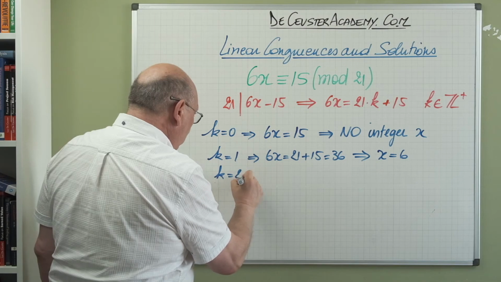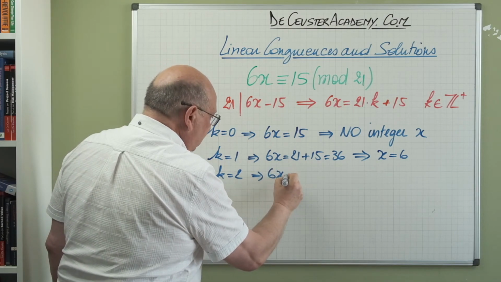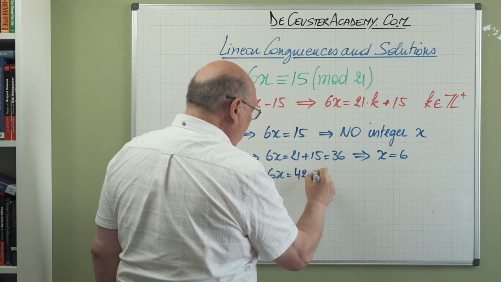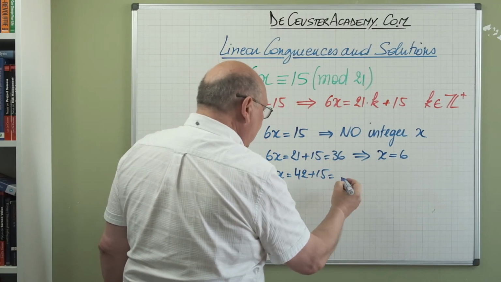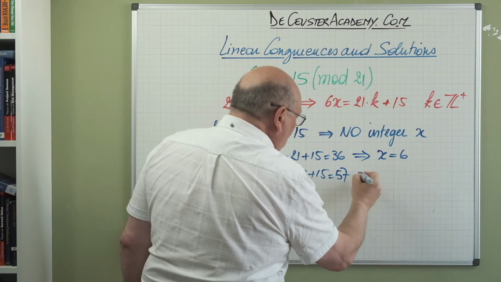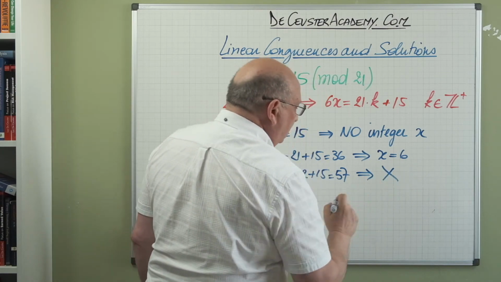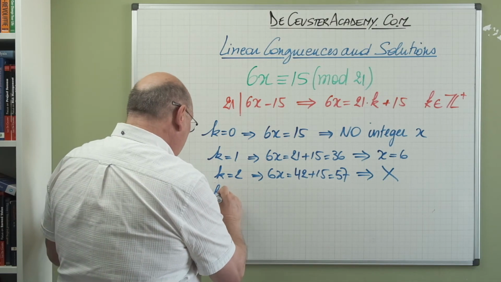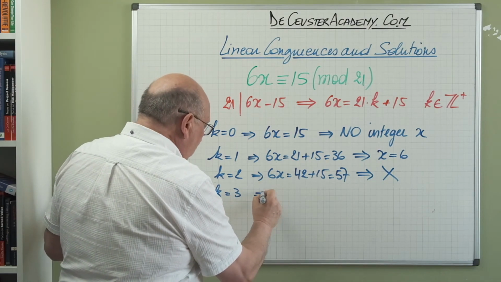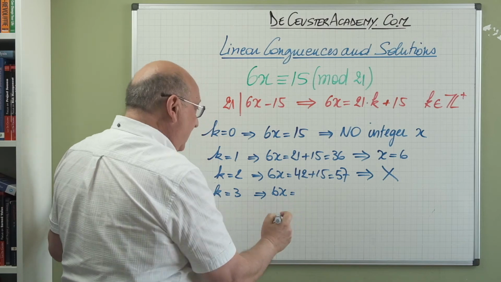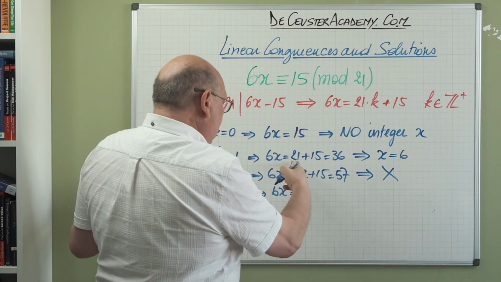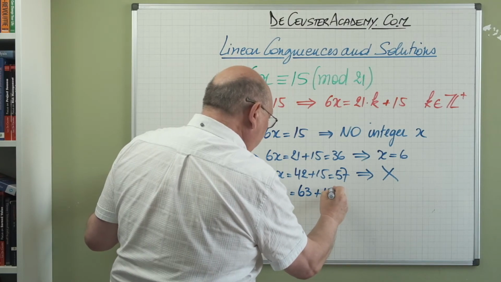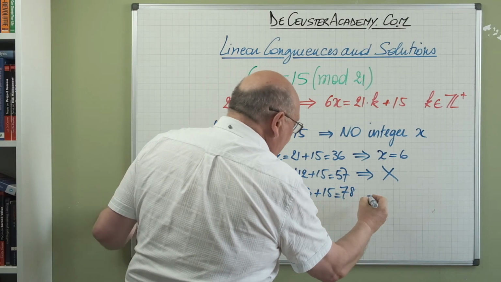K equal to 2, we find 6x is 2 times 21 is 42 plus 15 is 57. So there is no integer value for x. We continue for k equal 3. So we find now 6x is 21 times 3 is 63 plus 15 is 78.